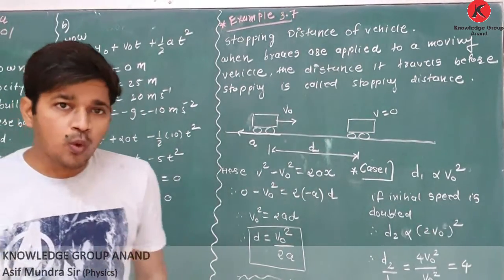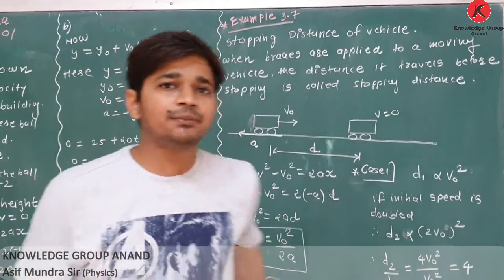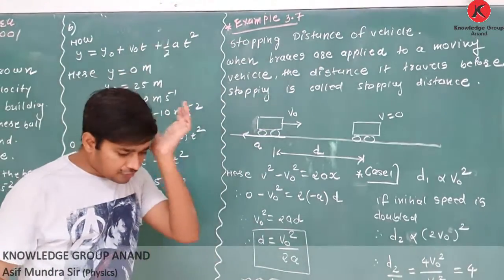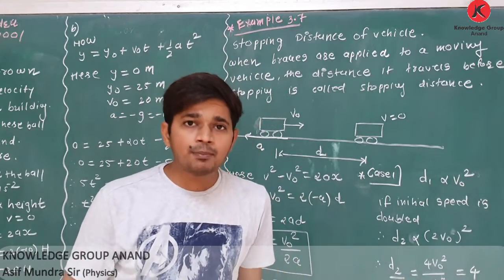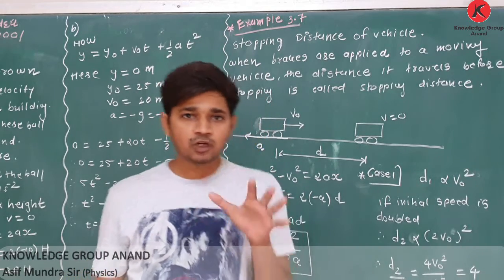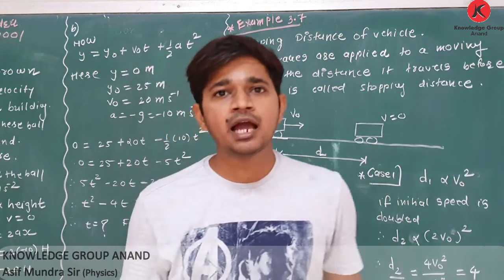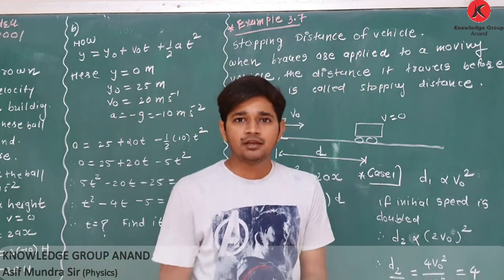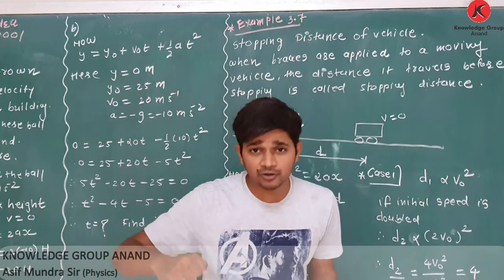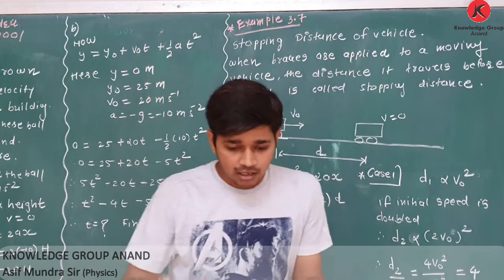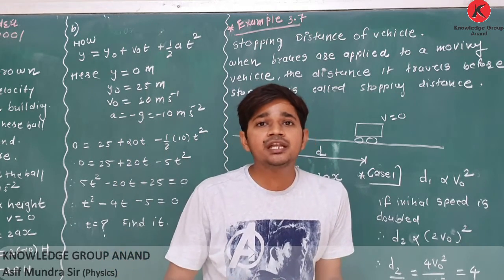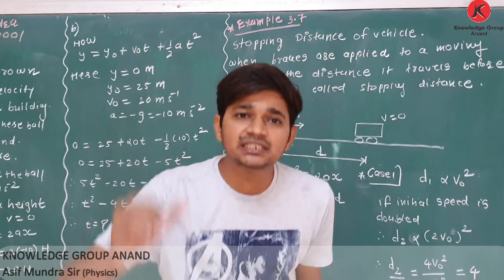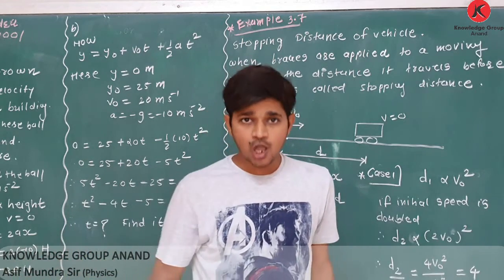One another question and one another concept. If you are moving on a vehicle and you apply brake, I'm not talking about short brakes, when a common man applies brake, not stunt, then after applying brake, the vehicle covers some distance before it stops.